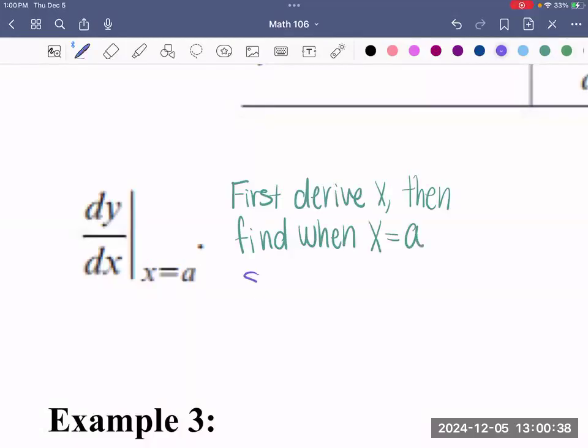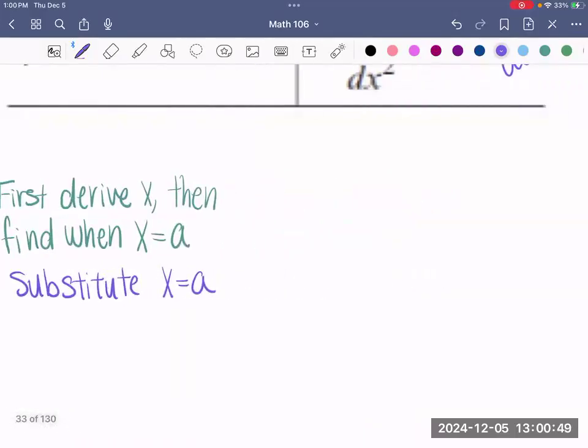Therefore, all you need to do is substitute a for x.